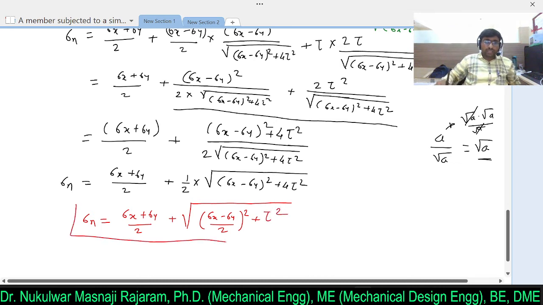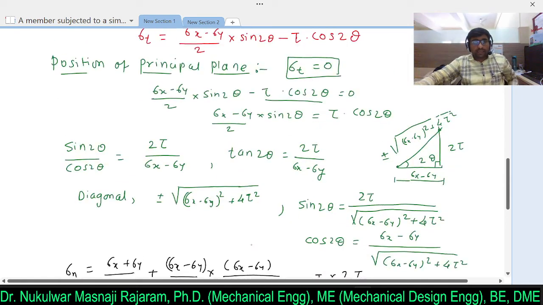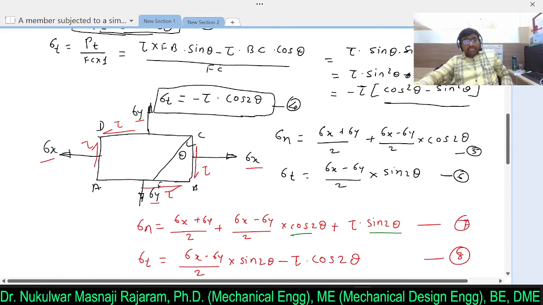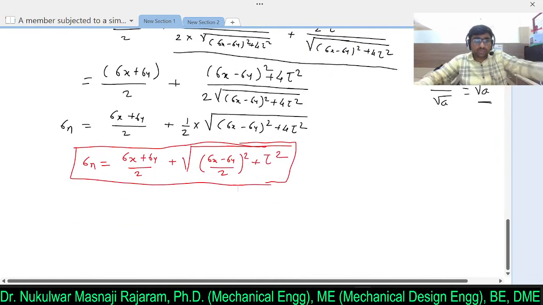So this is the final result for the principal stresses acting on this particular body when two mutually perpendicular normal stresses are acting along with a simple shear stress. This is the result we got.